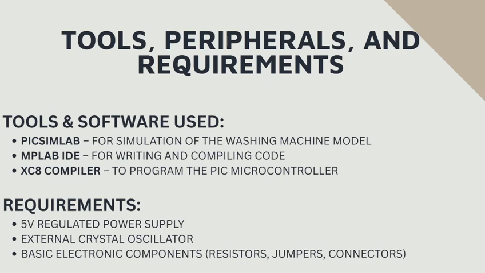Moving on to the tools and requirements that we used. To build and simulate this project, we used three main software tools. So the first one is PICSIMPAB, which gives a real-time simulation of our washing machine model.